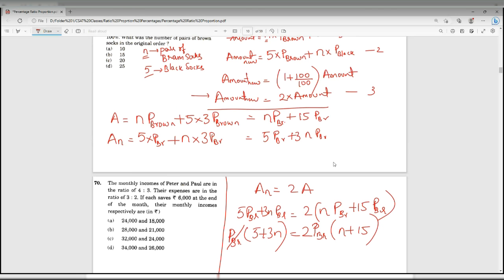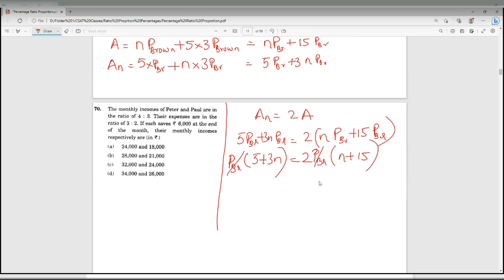We could cancel this. So then we have 5 plus 3N is equal to 2 into N plus 15. Then we can open this bracket: 5 plus 3N equal to 2N plus 30. So this is 2N plus 30.